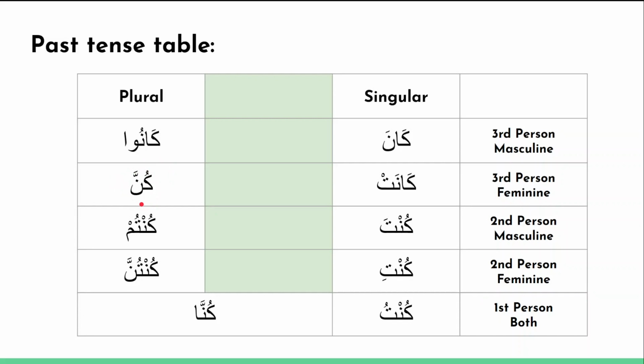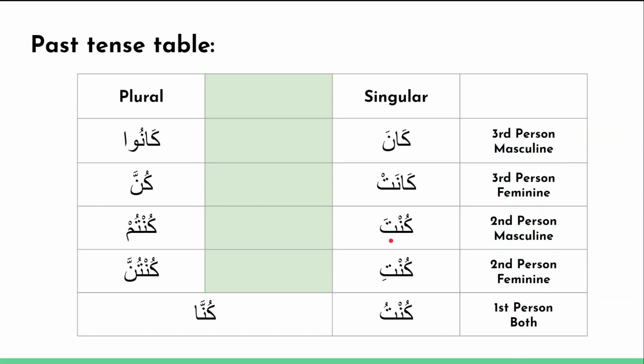You'll remember that if it's a regular verb, I say dakhalna. But I can't really say kanna. I instead say kunna. So kunna, without the alif at the end, is how I say they were when I'm speaking about a group of women. So they were mothers. Kunna ummahat.